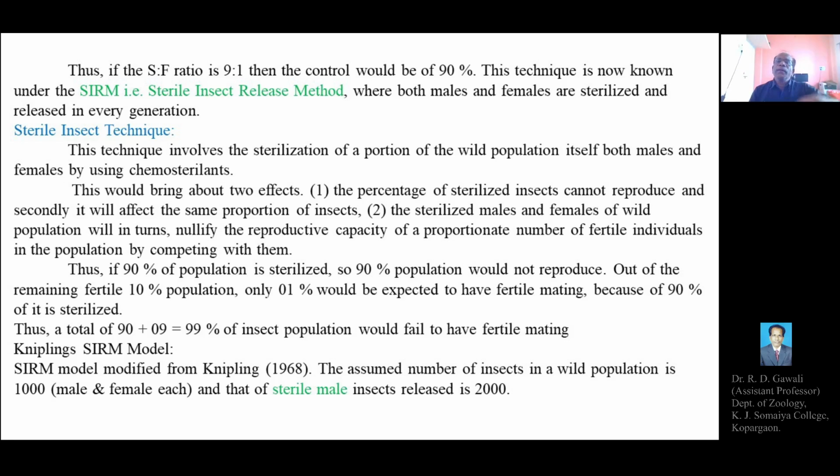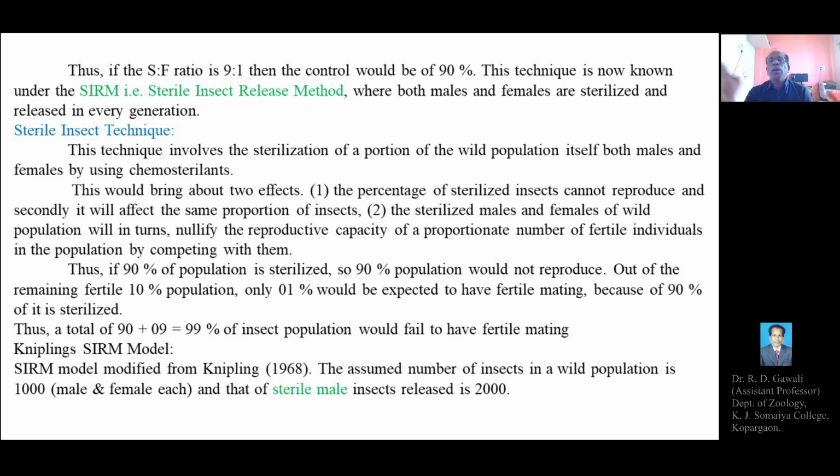So this is the effect of the release of a large number of sterile males or females in a wild population or in a fertile population, so as to prevent the chances of their reproduction.